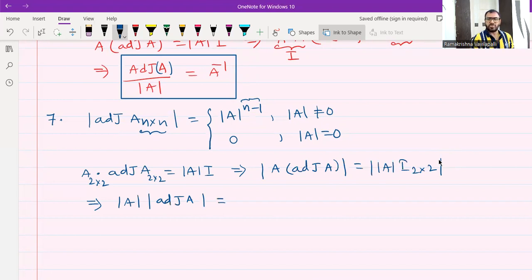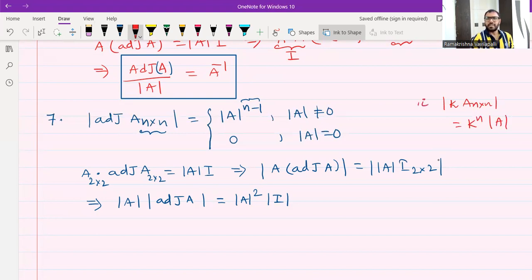So this is equal to, here, this is det A whole square into determinant of I. Okay, so here I can write a few things, that determinant of some k into A n by n, we can write as k to the power of n into det A.